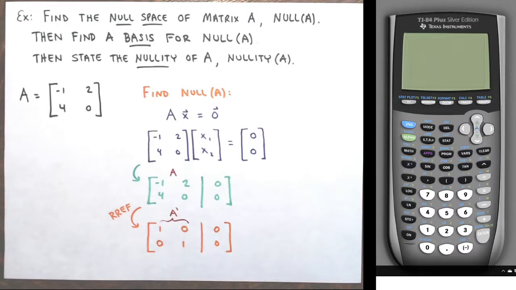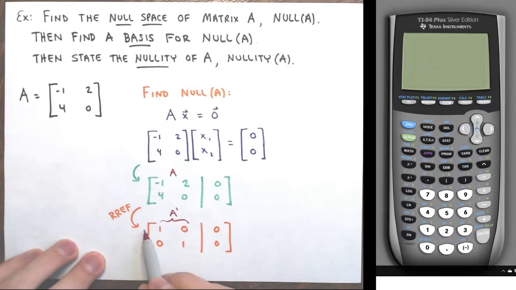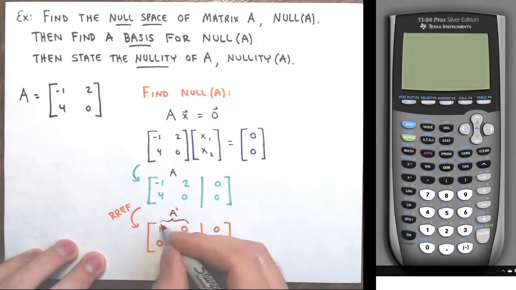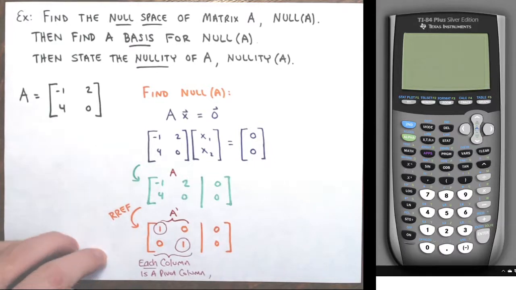Look at the pivot columns. The pivots are those leading ones, the first ones you're seeing down every row. There's a pivot position there, second row, there's a pivot position there, and you see how each of these pivot positions is in every column. Each column is a pivot column, meaning that none of the columns are non-pivot columns.